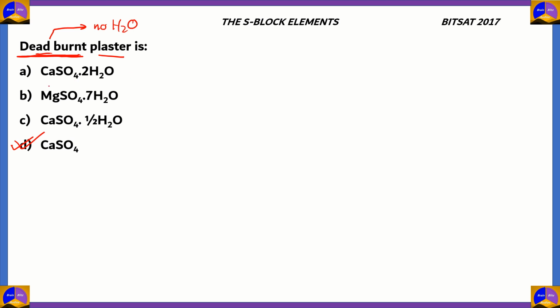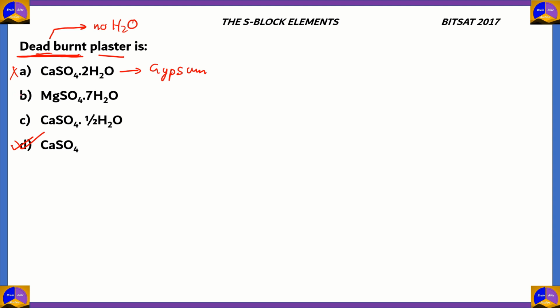Now let's look at the other options. Option A is CaSO4.2H2O. This is gypsum, and this is a material that's used in construction as well as decorations. So option A is incorrect because this is gypsum and not plaster.